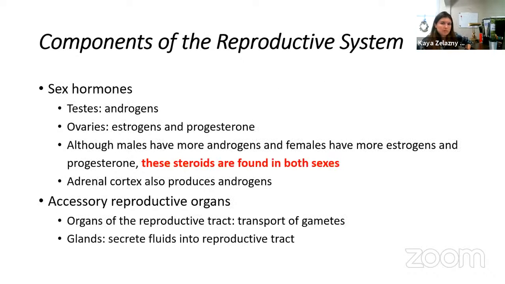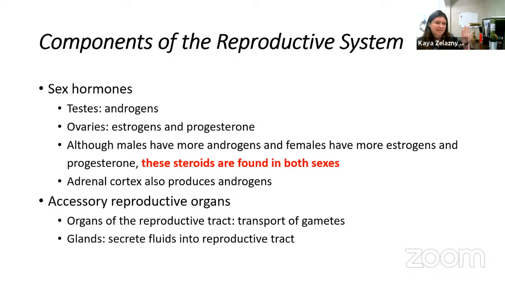So one of those roles of the gonads is to produce sex hormones. You've probably heard about some sex hormones before, right? Like testosterone, estrogen. Those are sex hormones. And actually, both males and females do have both classes of sex hormones. Androgens are generally associated with males and with men, things like testosterone, right?